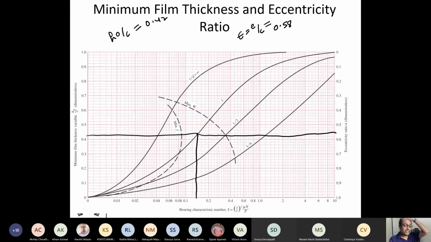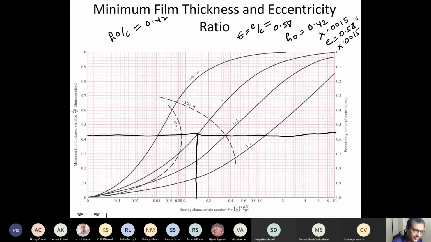So I can find out H naught would be 0.42 times, what was C? If you remember, C was 0.0015, and E is 0.58 times 0.0015, both in inches.